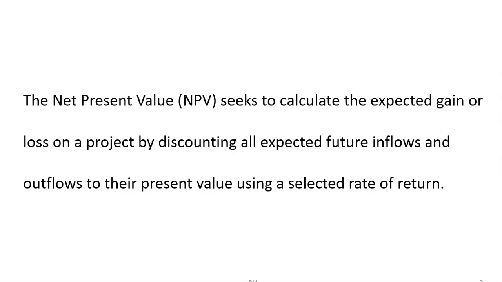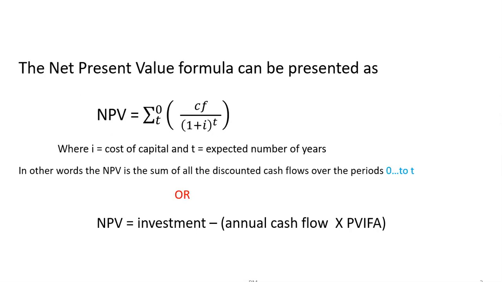The idea is that $100 today is not the same as $100 in the future because the future is uncertain, but we are sure about today. So what we're trying to do is to convert the future into the present. All right, hence the term net present value.